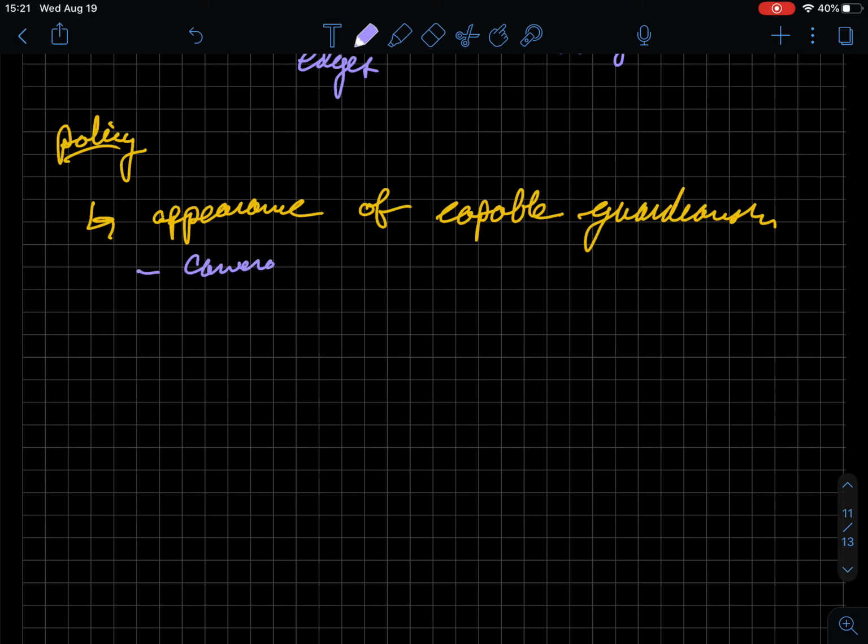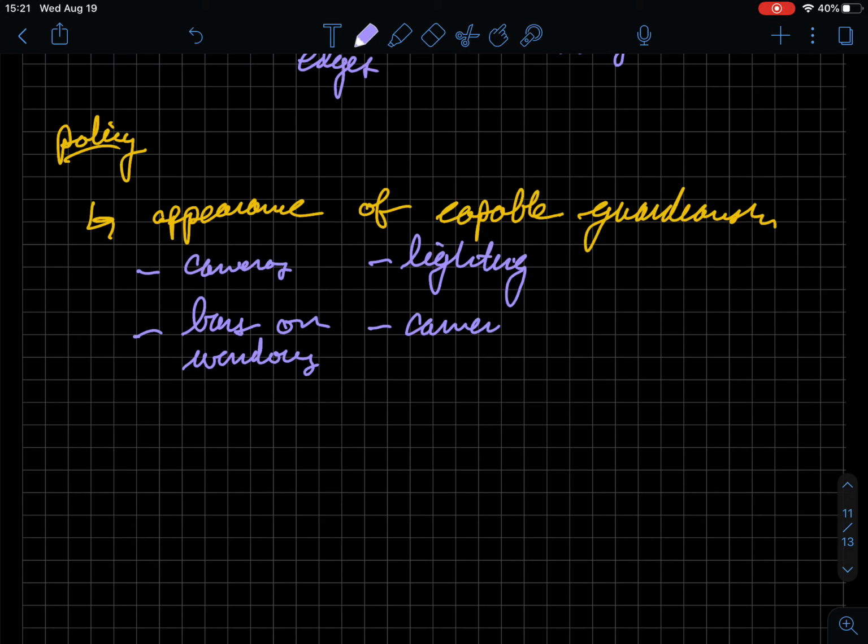This could be cameras. This could be bars on windows. This could be lighting, so there's a risk of someone getting caught. Or this could be a camera or the appearance of a camera.